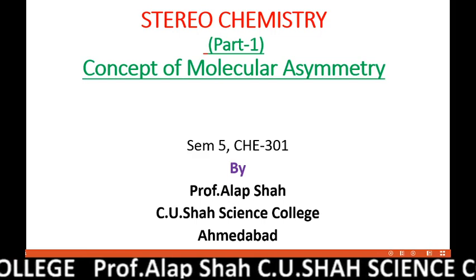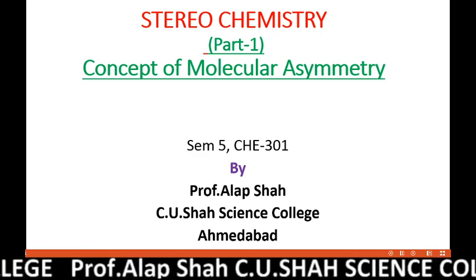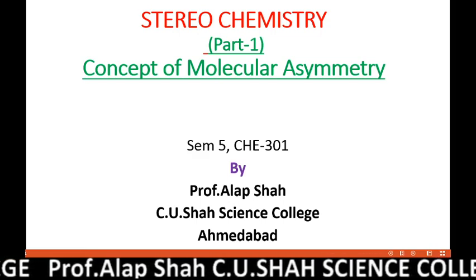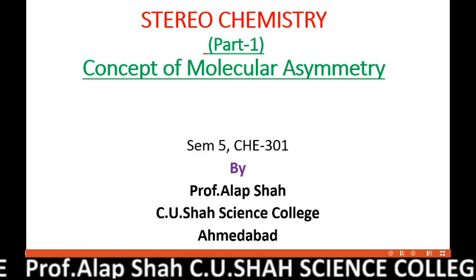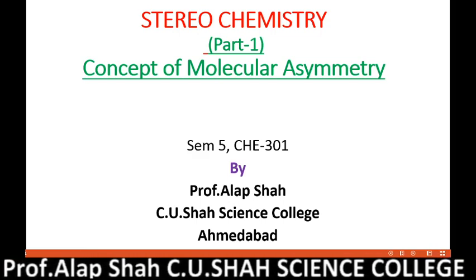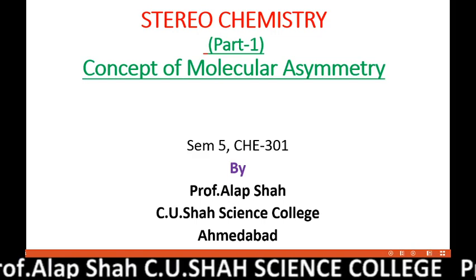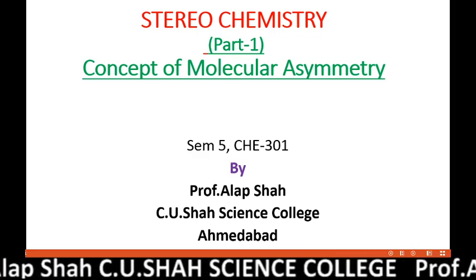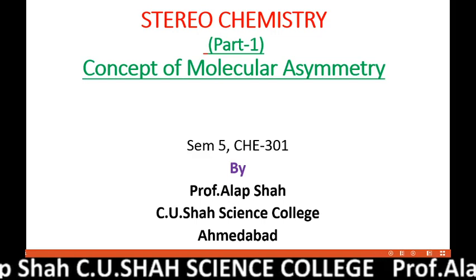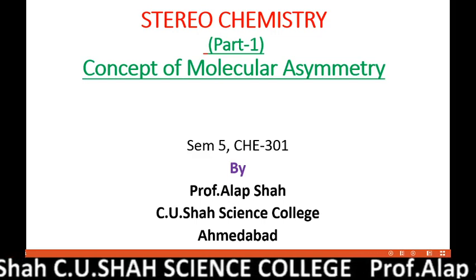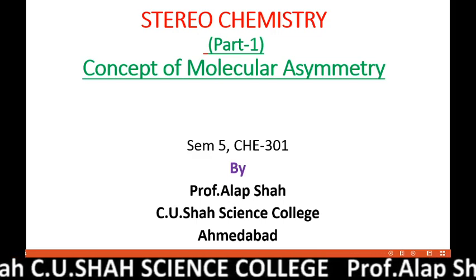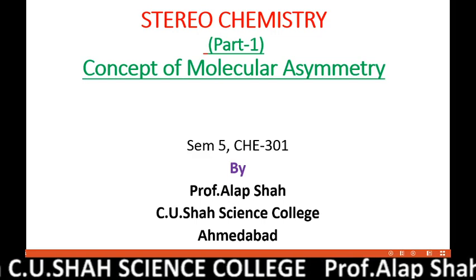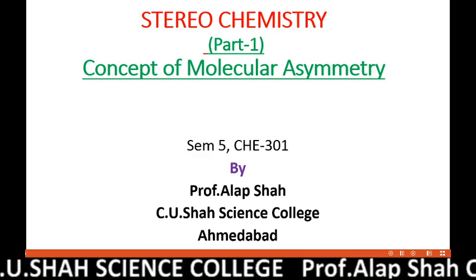It is also known as biphenyls, allenes and spirens. But before we discuss all the three, you must know the concept of molecular asymmetry. So in this lecture, we will try to understand the concept of molecular asymmetry.